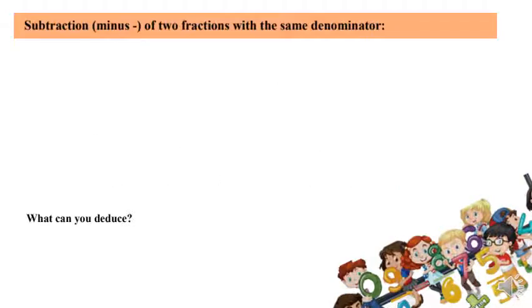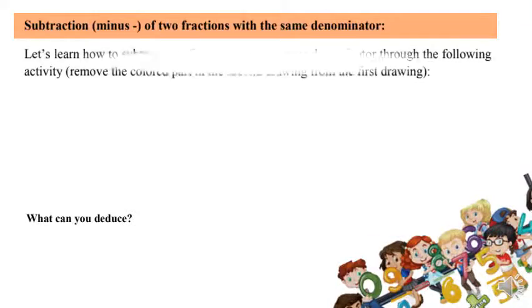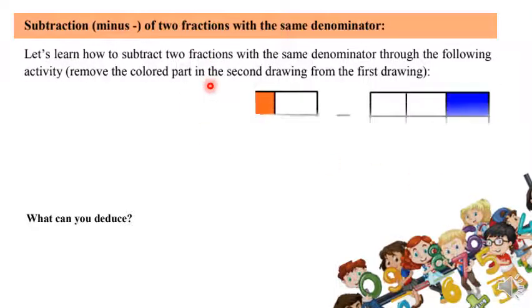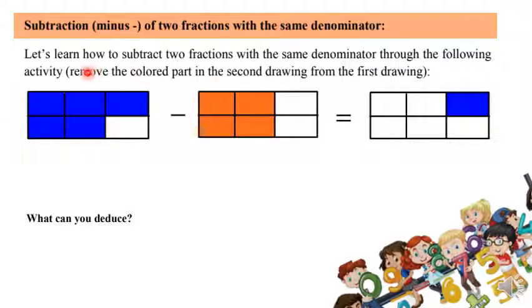Now let's talk about subtraction of two fractions with the same denominator. Let's learn how to subtract two fractions with the following activity. When we want to subtract, we remove the colored part of the second drawing from the first drawing.